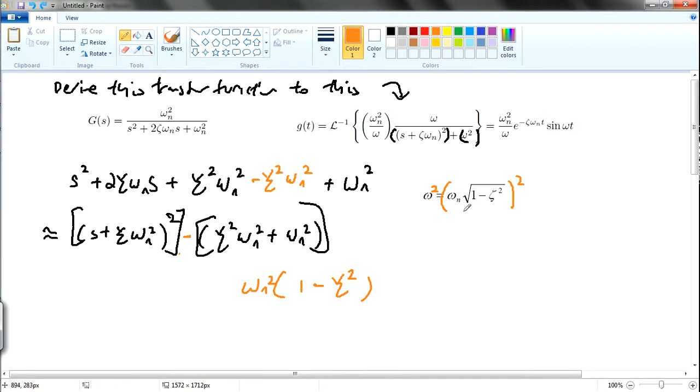So what you can see is that this portion here, what do we have? If you were to expand this thing, it will be omega n squared times 1 minus zeta squared, which is the same thing over here, right? So this is equal to omega squared.